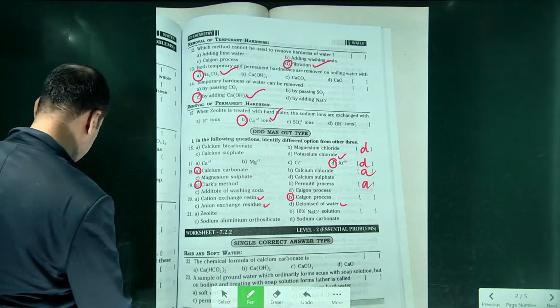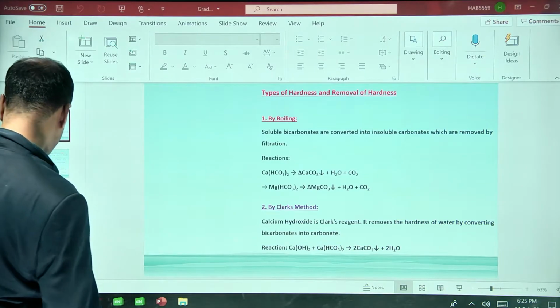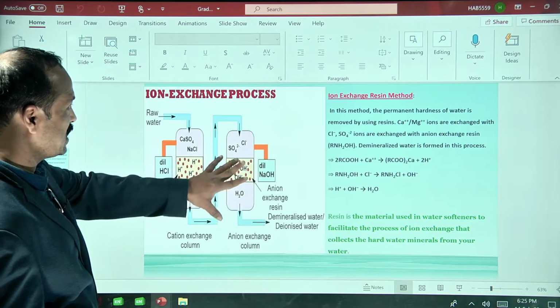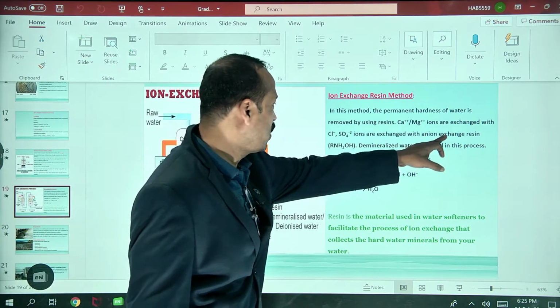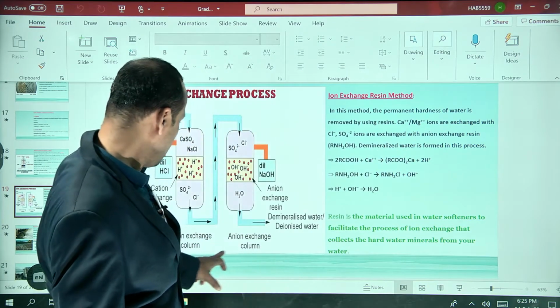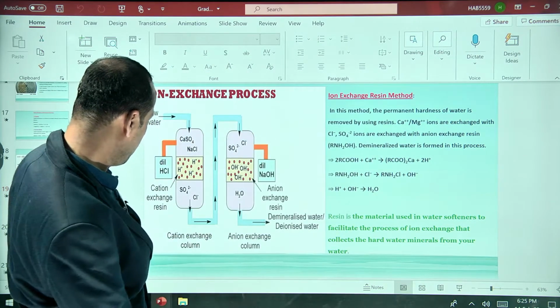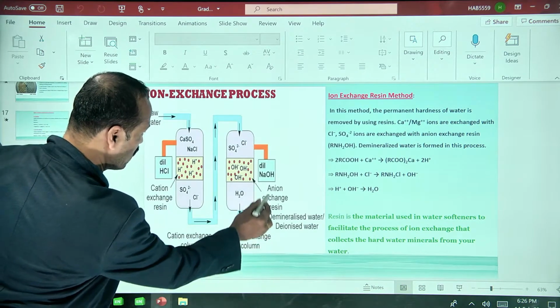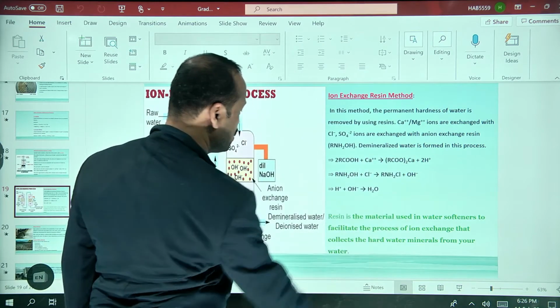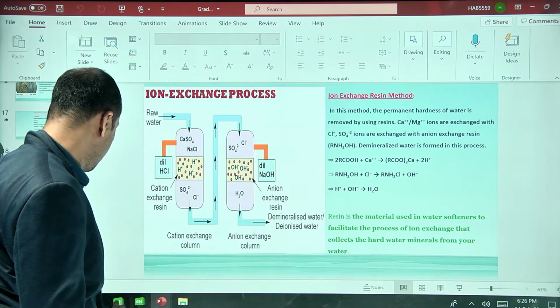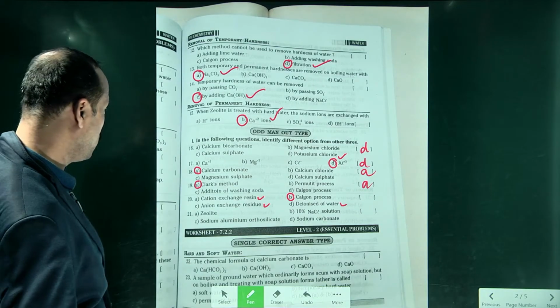All of these you can see in the permutit process: cation exchange column, cation exchange resin, anion exchange resin, and demineralized water. All are there. Which is not there here? Calgon process is not there. Very good boy.